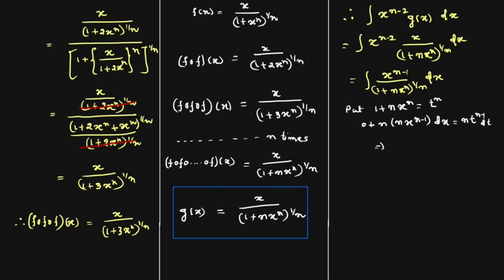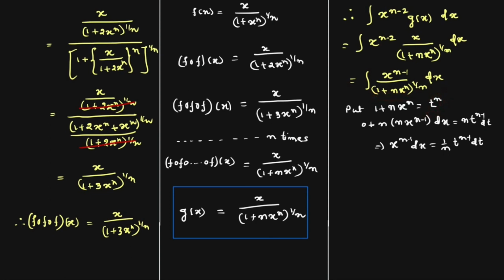This implies that x to power n minus 1 dx, we will get 1 by n t to power n minus 1 dt. Now in the place of x to power n minus 1 dx, we put this value, and in the place of this we will put t to power n.